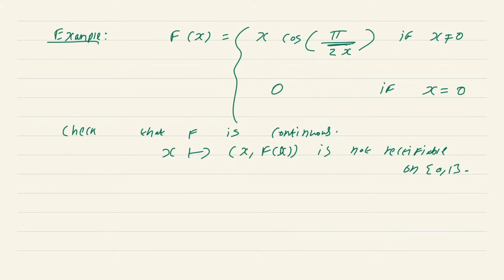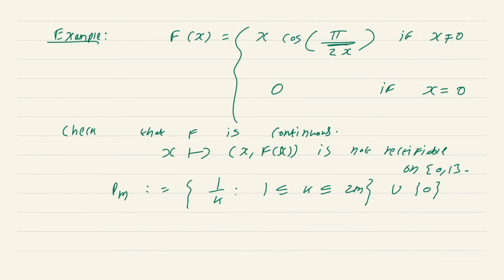As we have remarked when we discussed examples, the graph of a function from an interval can be naturally considered as a curve. I am claiming that this curve x going to x comma f of x is not a rectifiable curve. To do this, consider the partition Pm, which is by definition 1 by k, such that 1 is less than or equal to k is less than or equal to 2m, along with the point 0.